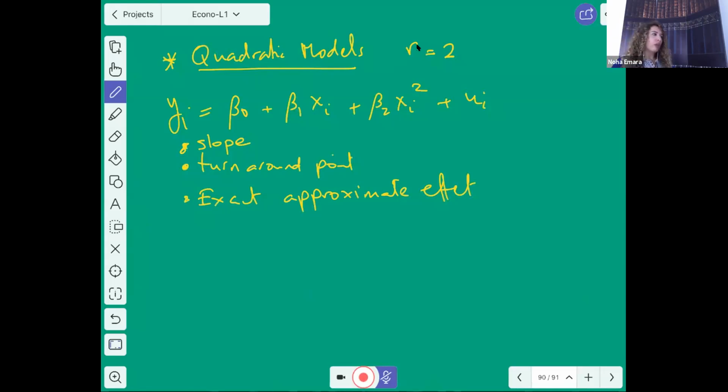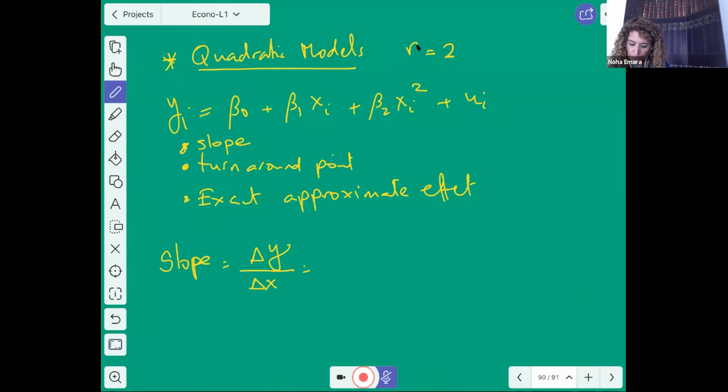So the slope. The slope is something easy to remember because you've done it multiple times in your previous math courses. Slope is the change in y because of the change in x, or you can think of it as the derivative of this equation with respect to x.